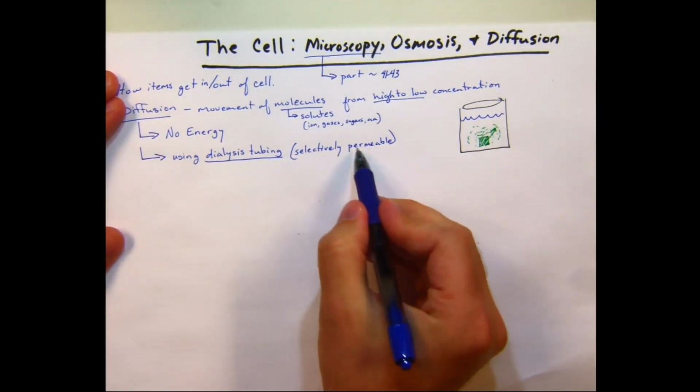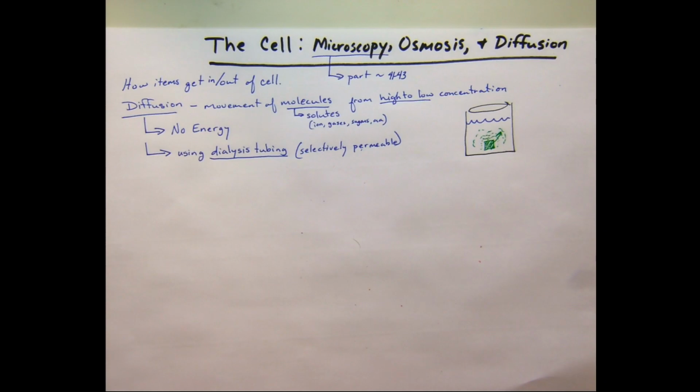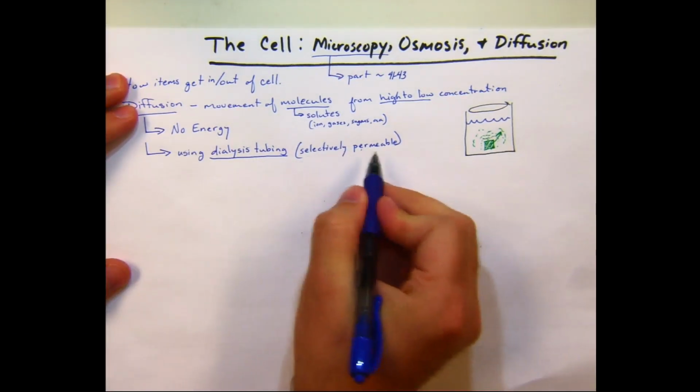It means only certain things will get through the membrane of this dialysis tubing. To get it to work, you have to make sure it's wet, and then rub your fingers around it until it opens up. Then you can put whatever you want in it as long as you tie or clamp it off.